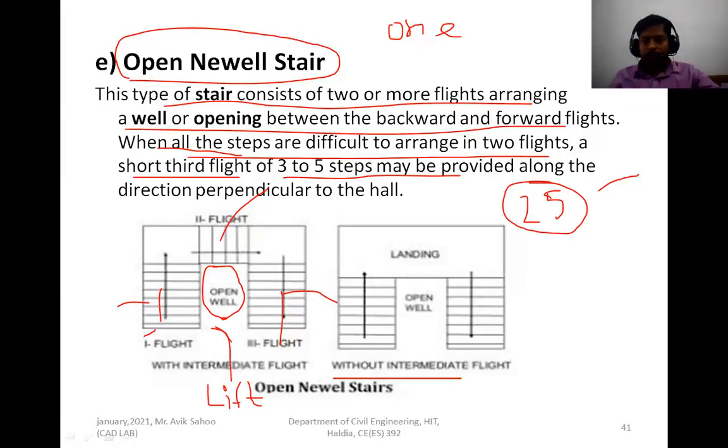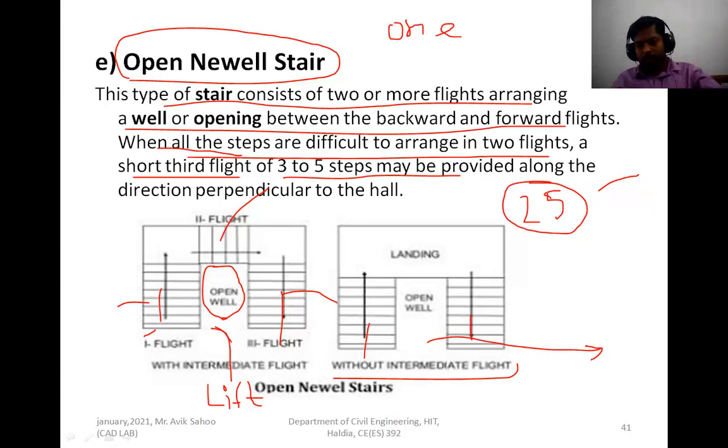Another type of stair is the one without intermediate flight. Here no intermediate flights are used, so only the forward flight and the backward flight. This portion is the landing. Again the space is left between the forward and backward flight, and this space is utilized, and here the lifts are installed.